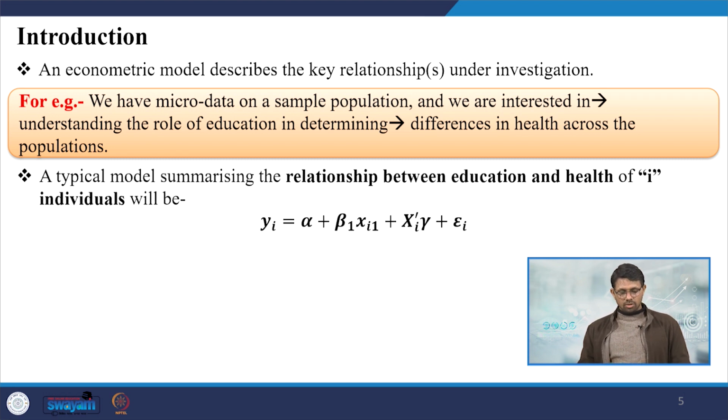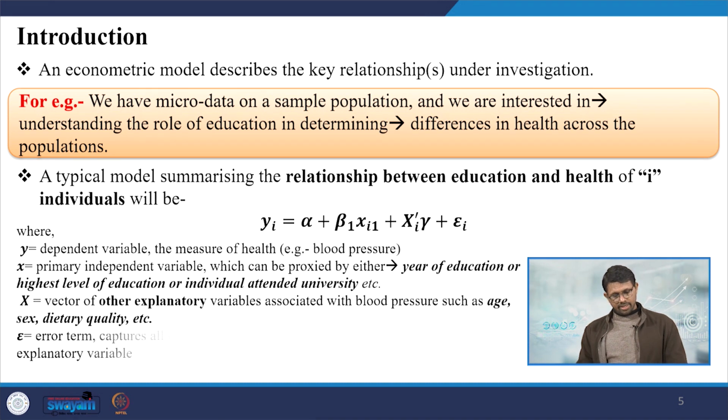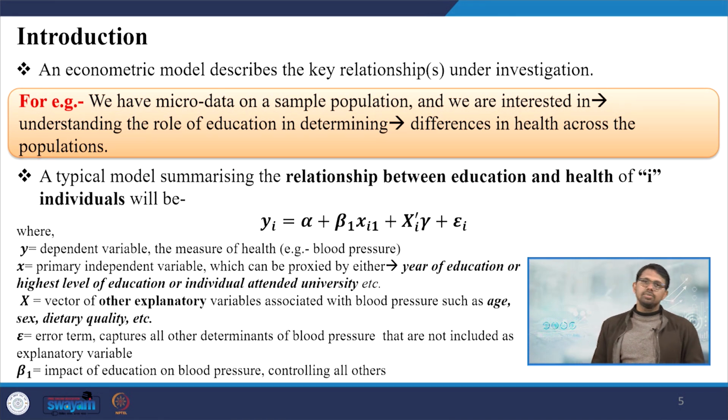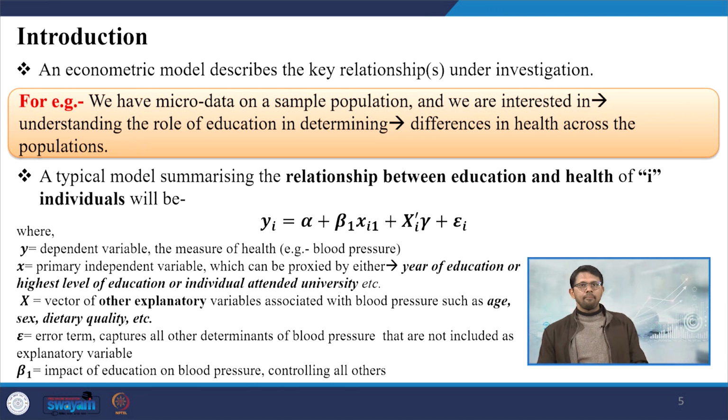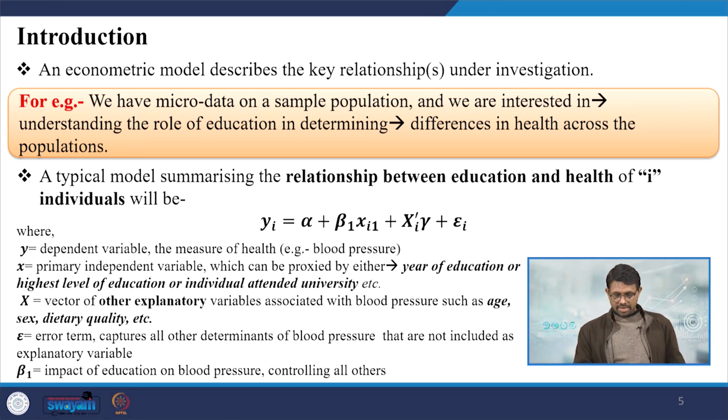In order to do so, we can think of a model of the relationship between education and health of the ith individual, presented as y_i = alpha + beta_1 x_1i + x_i' gamma + epsilon_i, the error of the ith individual. This is presented in matrix form, so you can refer to this form in the book by William Greene, for econometrics.